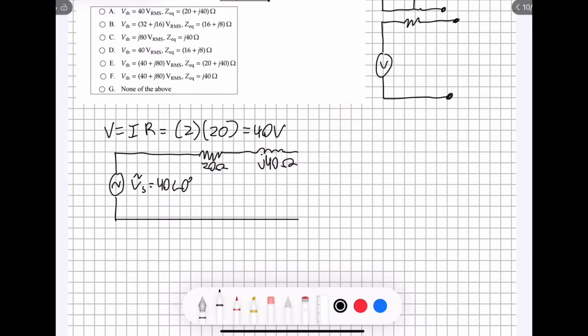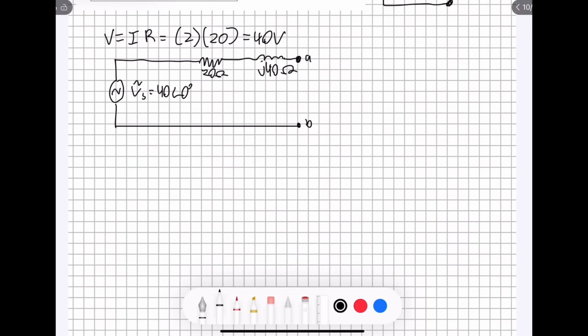So this isn't the final form that our circuit should be in. We have to do a little bit of impedance addition to simplify these two components into just one component. But luckily that's pretty easy because they are in series with each other. So we're just going to use this equation right here. The equivalent impedance is equal to Z1 plus Z2, which is just going to be 20 ohms plus J40 ohms.